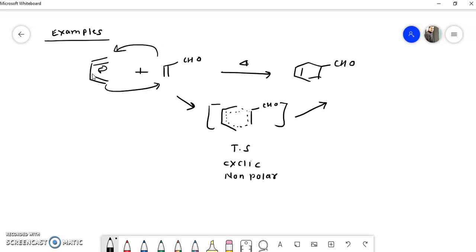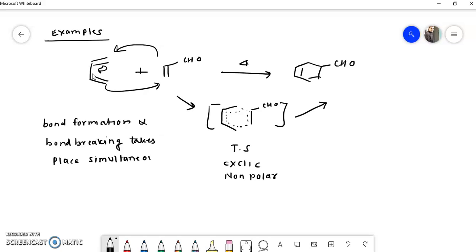Such a mechanism where bond formation and bond breaking take place simultaneously is called a concerted mechanism, remember.